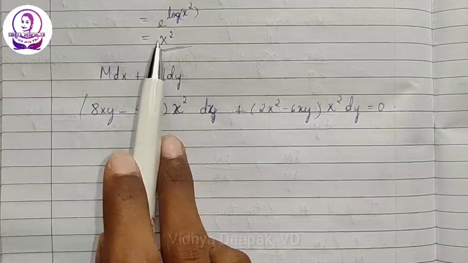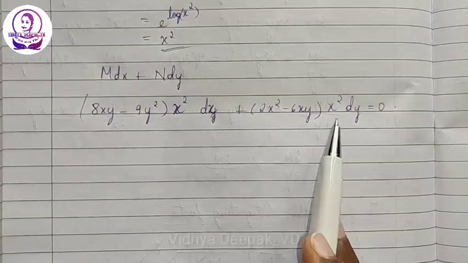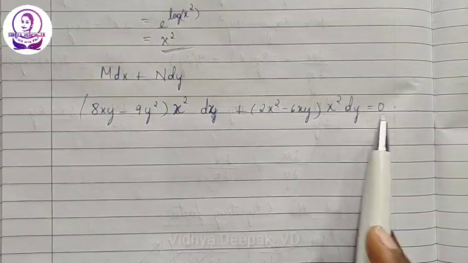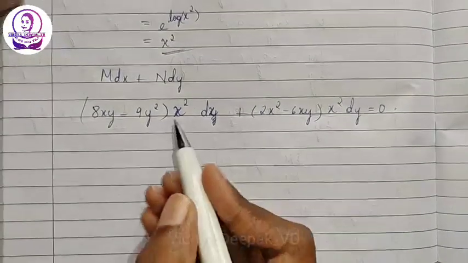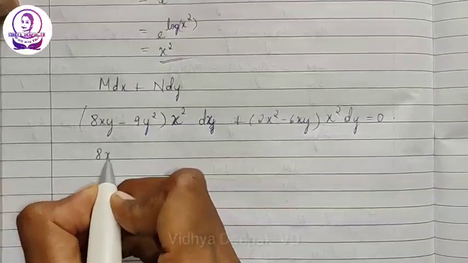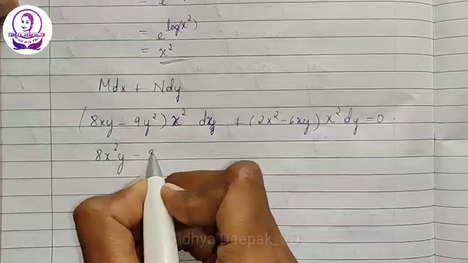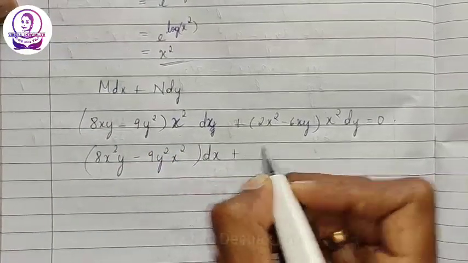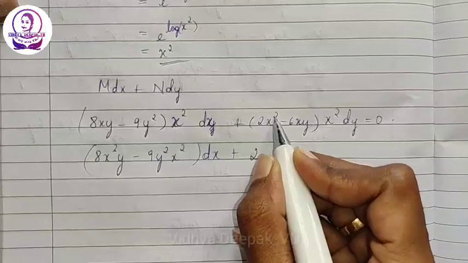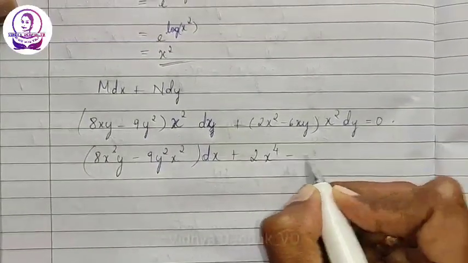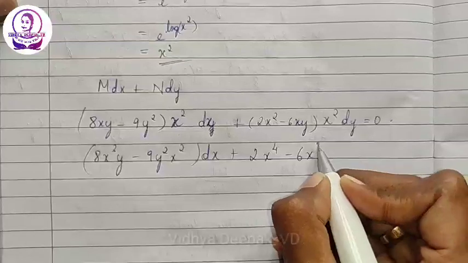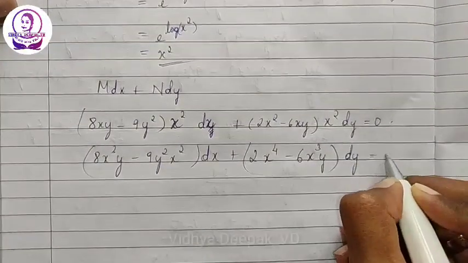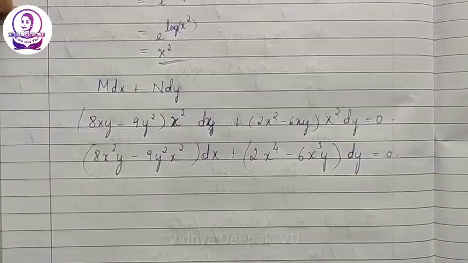I am multiplying this integrating factor along with each term. Multiplying inside, what do we get? (8x³y − 9y²x²) dx plus (2x³ − 6x²y) dy is equal to 0.